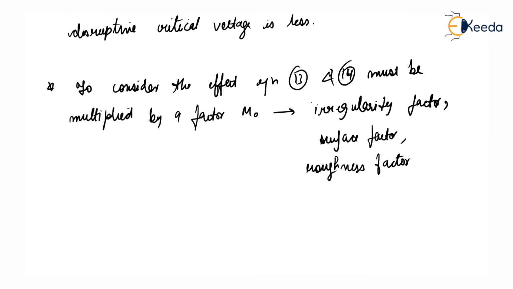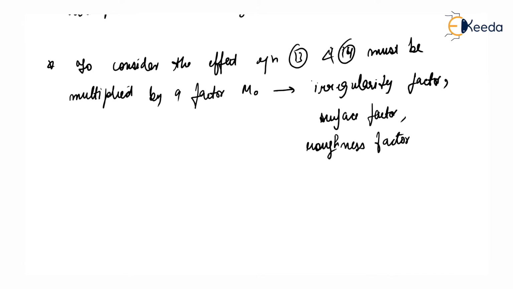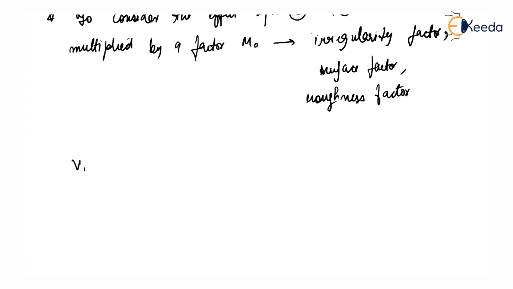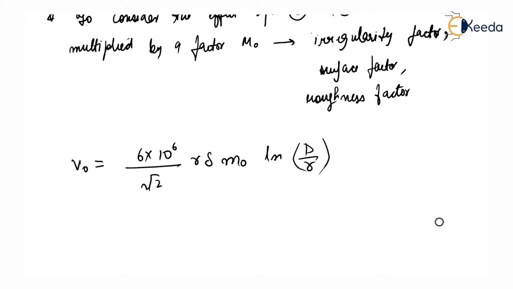Therefore, the expression for disruptive critical voltage is V naught equals 6 into 10 to the power 6 by root 2 R delta m naught log D by R for single phase. This is equation number 15.